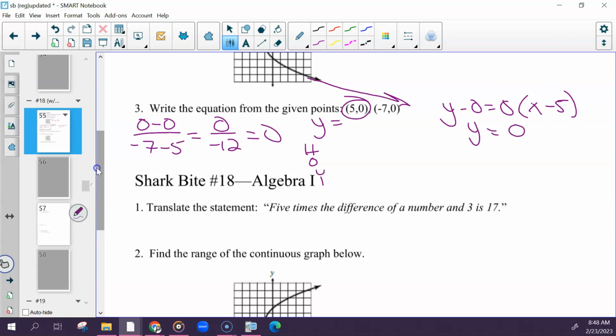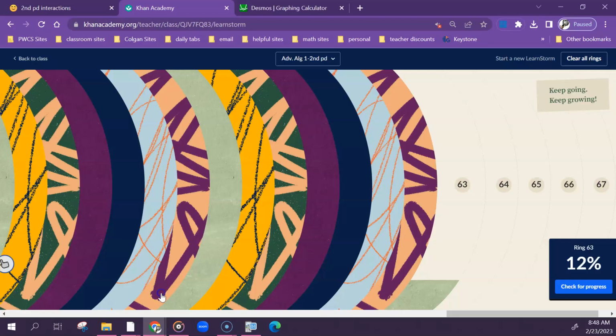You could have also looked at your ordered pairs and said your y value is 0. On Desmos, if you wanted to figure this out, you would start off by plotting those points.